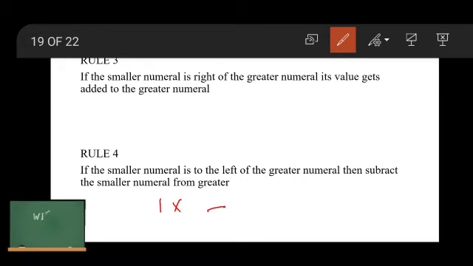Here I is the smaller numeral, which is to the left of the greater numeral 10. 10 is represented as X. So 10 minus 1 gives 9, and we represent 9 as IX.